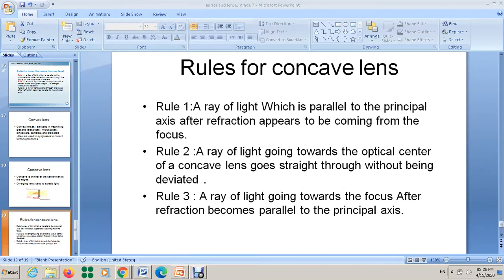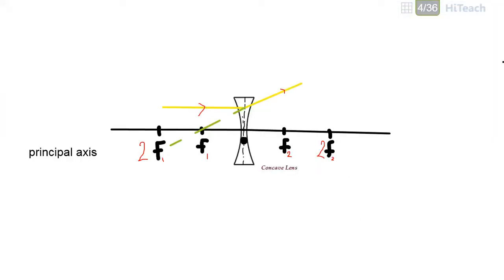Let's go back to rule number 1. A ray of light which is parallel to the principal axis after refraction appears to be coming from the focal point. Here, as you see, it refracted that way, but if you extend it, it appears like it's coming from the focal point. Okay, that is our focus point.